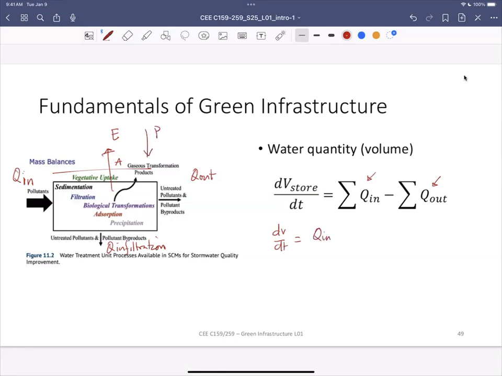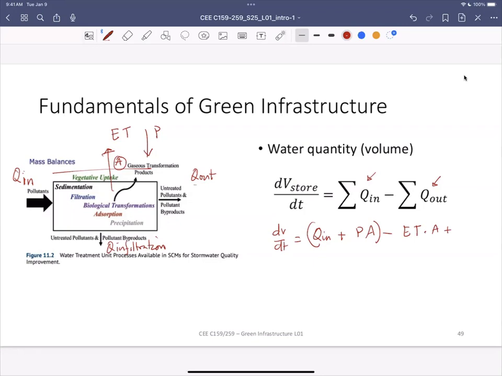The change in water storage in the location would be, in this case, what is coming in: the inflow, and precipitation. Precipitation is the amount of water that falls directly on the green infrastructure. Precipitation is basically inches per hour, so it's not a volume flow, so you have to multiply by the area of the green infrastructure. That's the amount of flow coming in. How much water is going out? One is evapotranspiration, ET combined, which is also a surface process where the water evaporates, so that's related to area and you have to multiply by area.